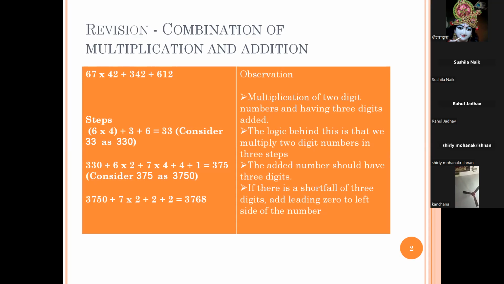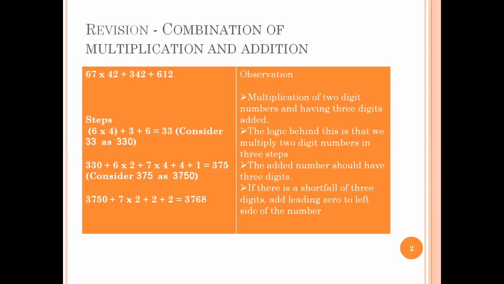So, let's see that we are multiplying 67 into 42. We multiply 6 into 4 first, then we add 3 and 6 of the second digit. Then we get the answer 33. 33, we write it as 330. Then we do the crosswise multiplication: 6 into 2, 7 into 4, plus the second digit, that is 4, and the second digit, that is 1.